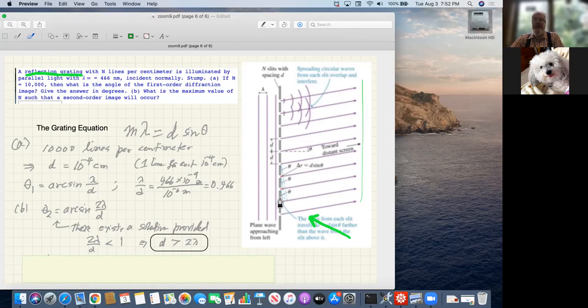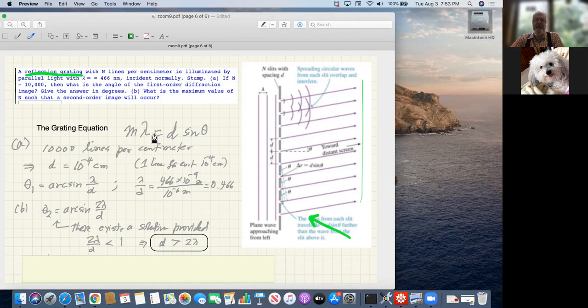And so each little groove acts as a source, just as in the transmission grating, each slit acts as a separate source. And so in either case, the angle for constructive interference would be given by the same equation.